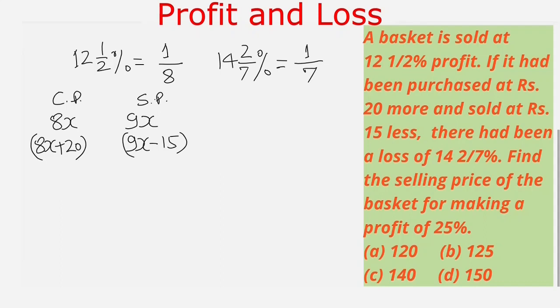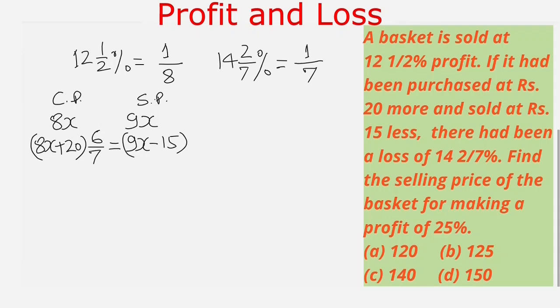That is, for every 7 there is a loss of 1. It means that the item which is purchased at 7 is sold at rupees 6. So we multiply our cost price by 6 upon 7 and we will get our selling price. So 8x plus 20 multiplied by 6 upon 7 is equal to 9x minus 15.